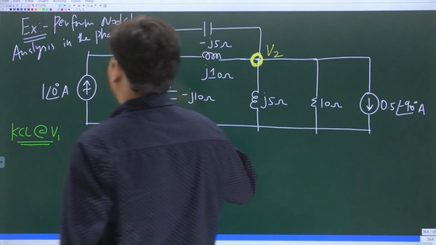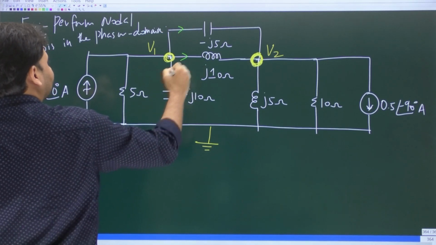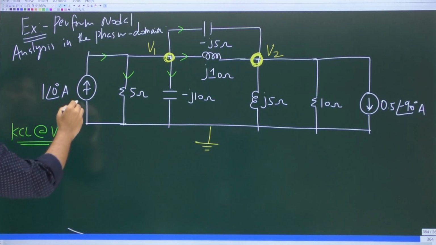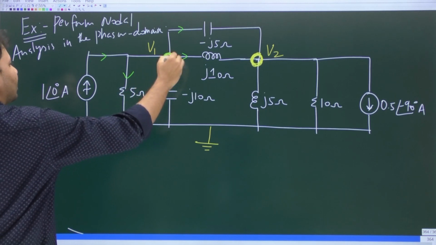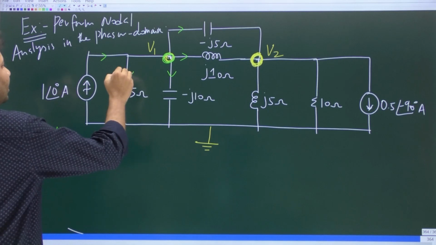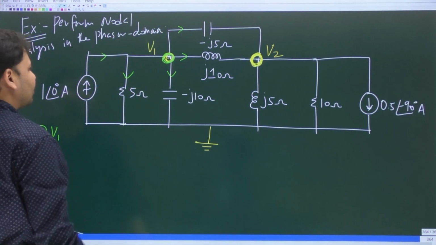This current anyway is entering, because this current is already 1 at an angle 0 degrees. So if you look at this node, how many currents are there? 5 currents, right? This is leaving, this is leaving, this is also leaving, this is also leaving. Only this is entering.